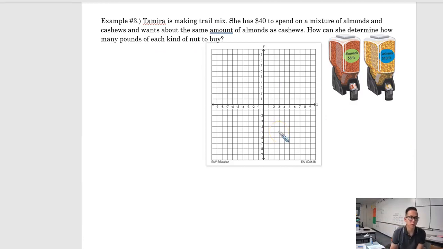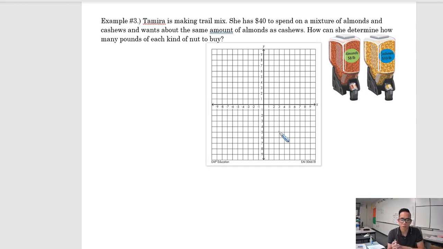I'm going to read the problem. Tamira is making a trail mix. She has $40 to spend on a mixture of almonds and cashews, and wants about the same amount of almond as cashews. How can she determine how many pounds of each kind of nuts to buy? We need to be vigilant and observant on the given.